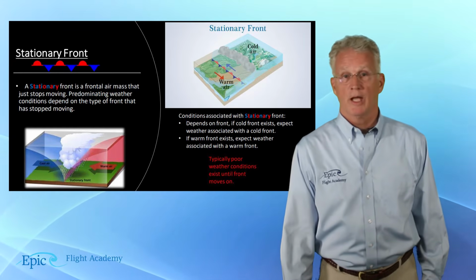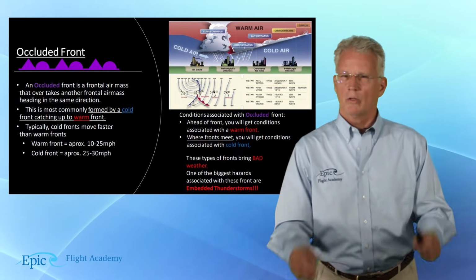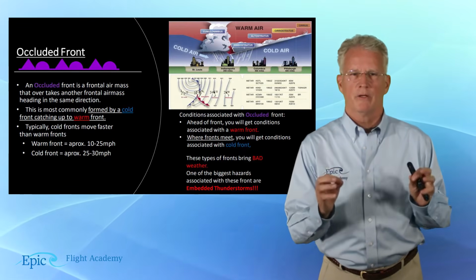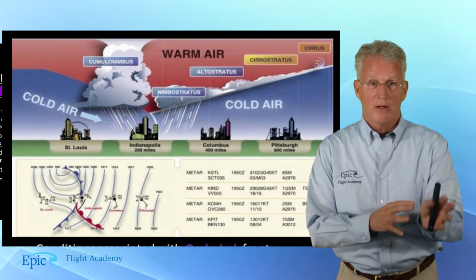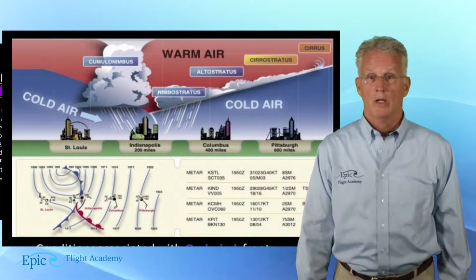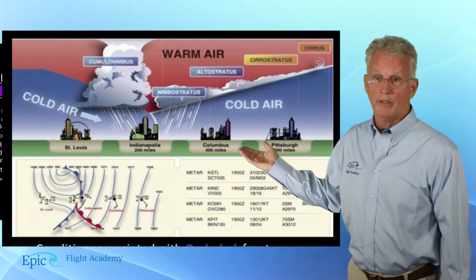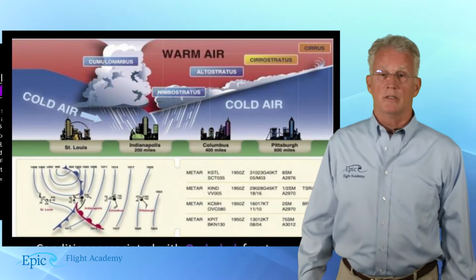And then finally, we have the occluded front. Now, the occluded front is a frontal air mass that overtakes another frontal air mass heading in the same direction. So in our example here, we see a warm front moving to the east.